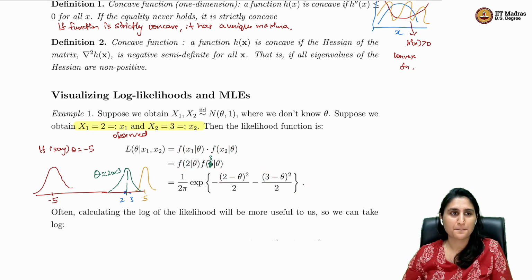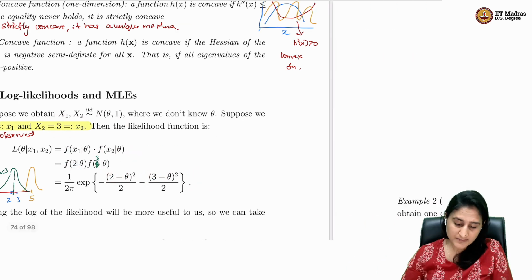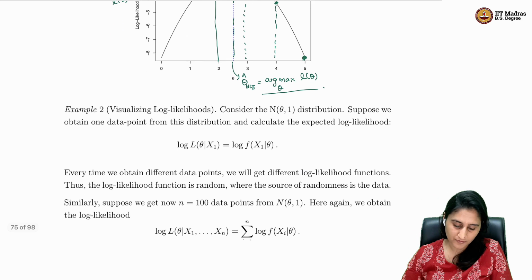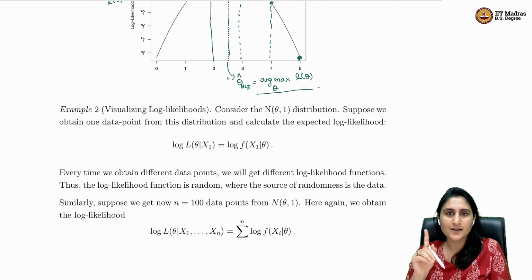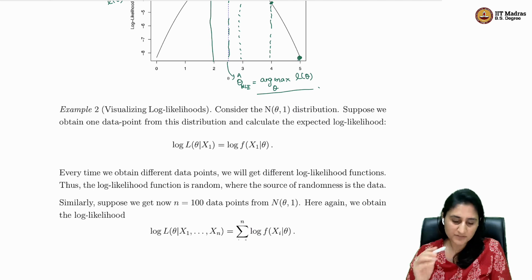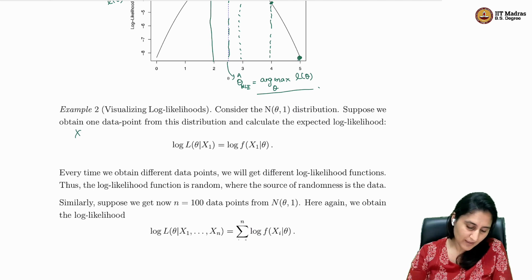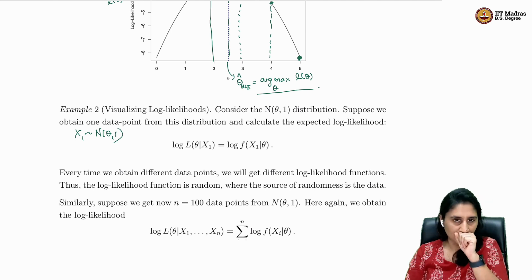Okay, this is the feature I want to elaborate on in this next example. So consider the same normal theta comma 1 distribution. And suppose we obtain one data point from this distribution, which means I just get x1 from normal theta comma 1.